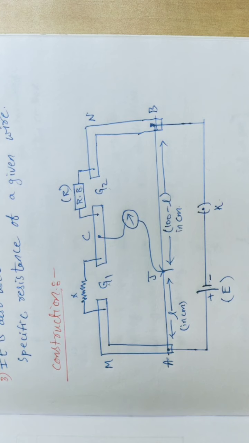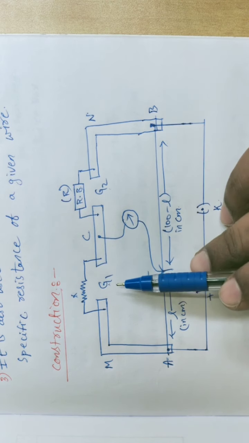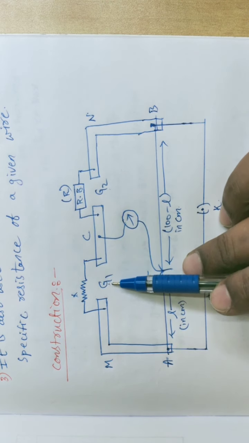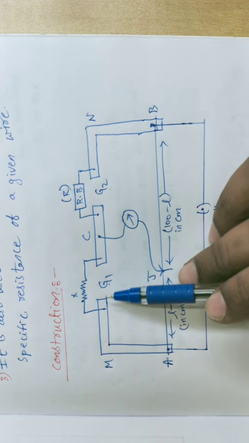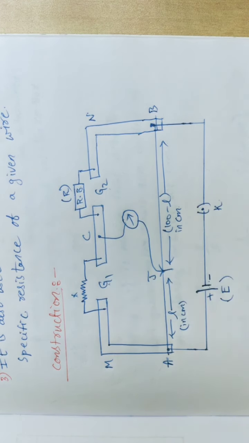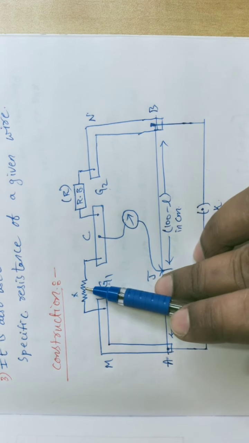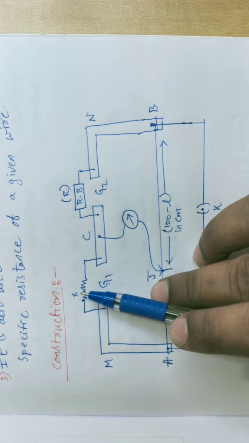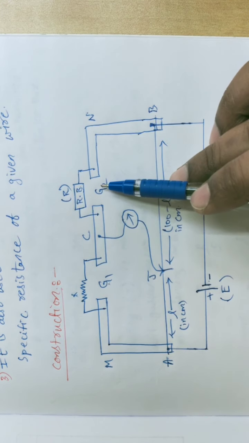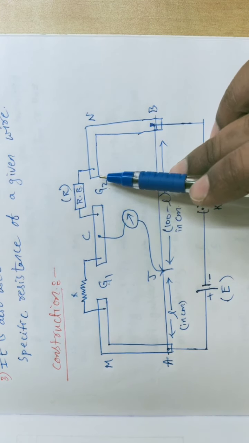How many gaps have we introduced here, students? Two gaps: the left gap is represented with G1 and the right gap with G2. In the left gap we introduce the unknown resistance, maybe a wire like that, and in the right gap we introduce one known resistance box.